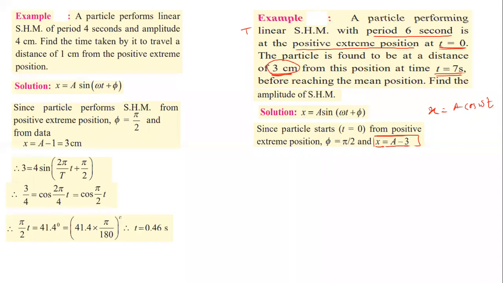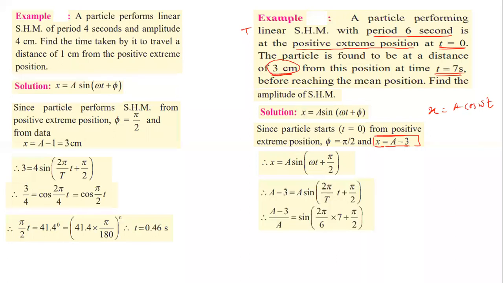Amplitude minus 3 is the x, and we substitute it in this formula. a minus 3 is equal to a cos omega t. That omega we can write as 2 pi by T, so a minus 3 is equal to a cos of 2 pi by capital T into this small t.